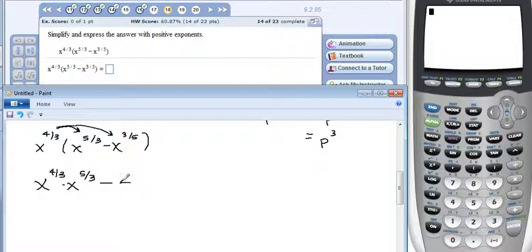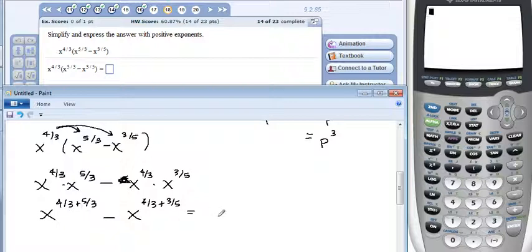Your second term is x to the 4/3 times x to the 3/5. Right? This times this minus this times that. Well, like I said, this is multiplication, so we have addition, 4/3 plus 3/5.